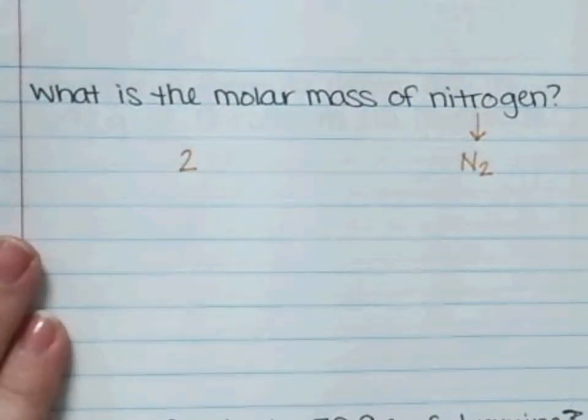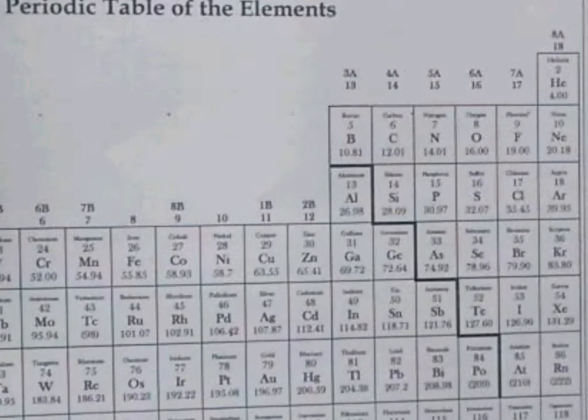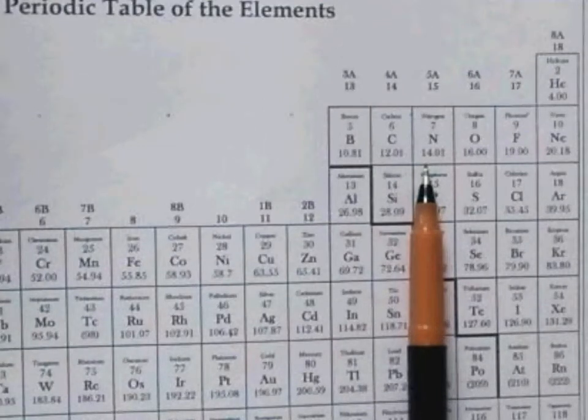The first step I'm going to do is I'm going to count how many atoms I have of each element. So for this one, I just have nitrogen, and I have 2 nitrogens. So that's my first step. My second step is to look on my periodic table and find my atomic mass for nitrogen.